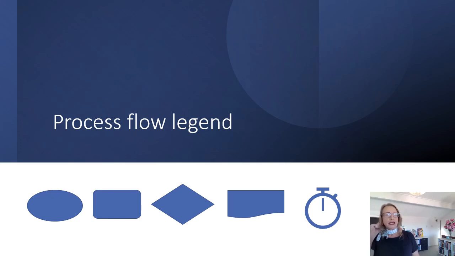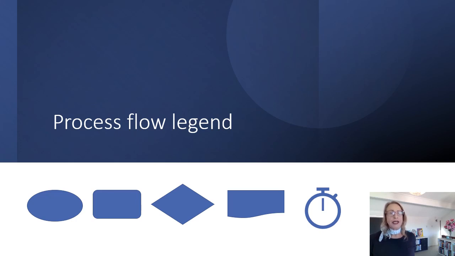You also want to look at, am I going to use icons or am I going to use shapes? Because increasingly people are starting to use icons. But whatever it is, everybody must agree on what each shape means. So it's important to develop agreement so that you can then utilize the flow.